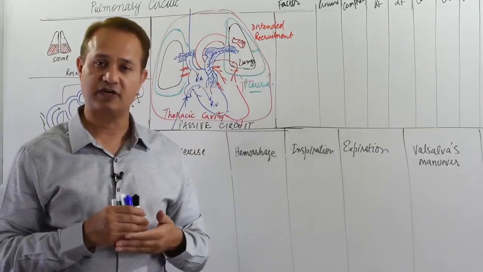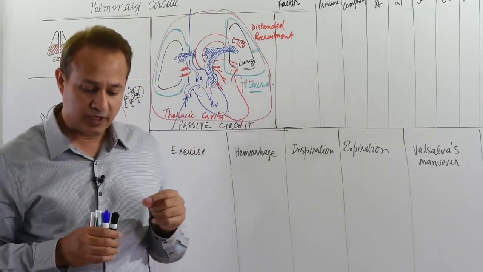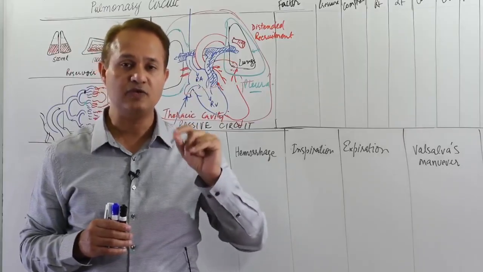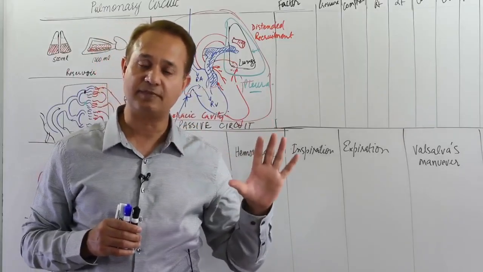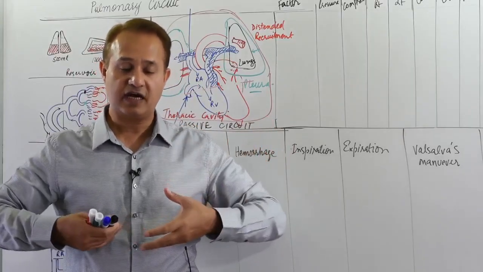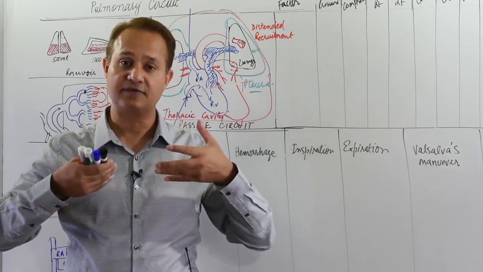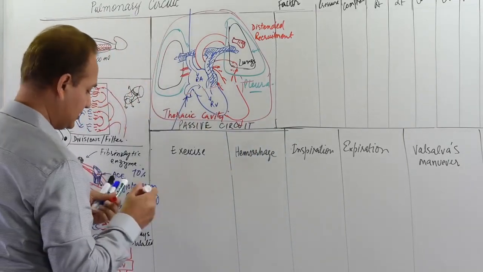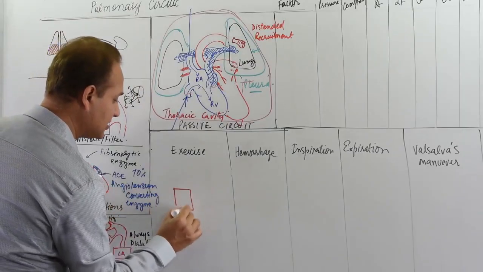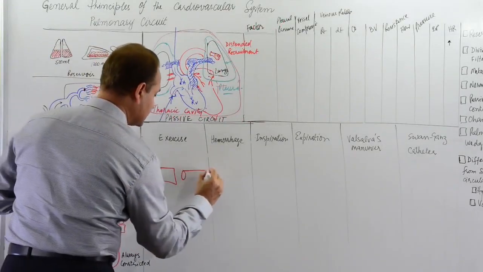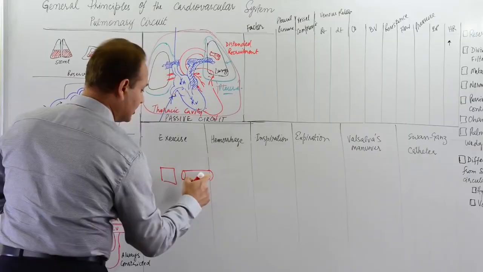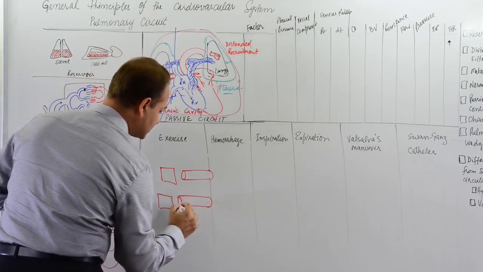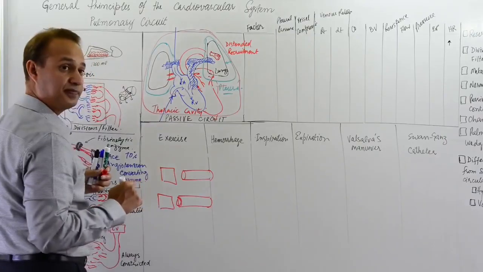Now, how about the cardiac factors? This is where, please write it down somewhere, the lung vasculature is different from systemic vasculature. When the cardiac output increases, there is more blood into the lung vasculature. Let's say this is the heart, and this is the blood vessel of the lung, and this is the heart, and this is the blood vessel of the system. This is the systemic blood vessel.